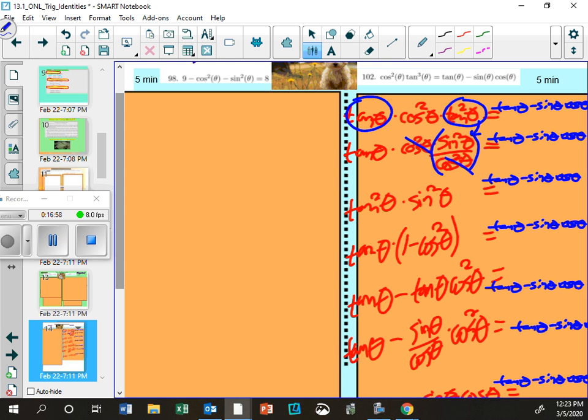So what are you left with? This is not squared there, I apologize, regular tangent. You're left with a tangent times sine squared.